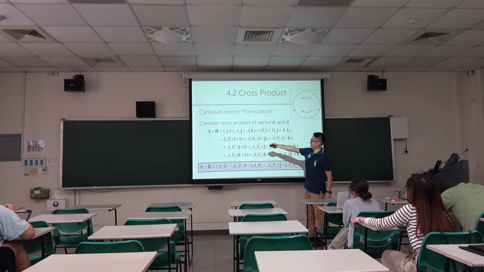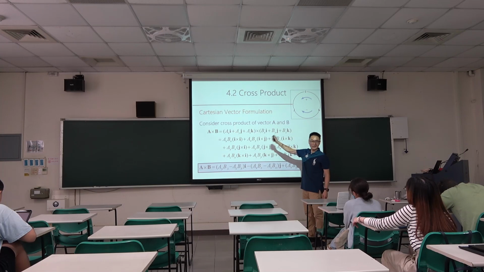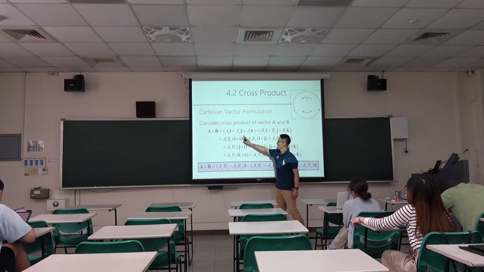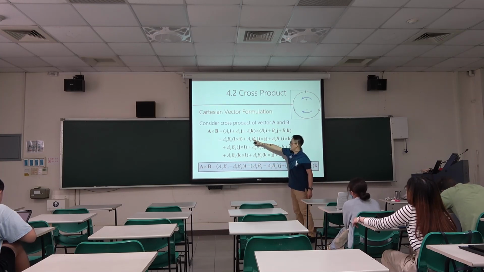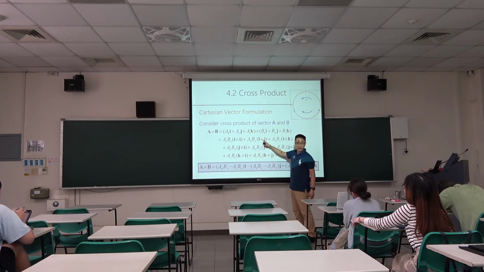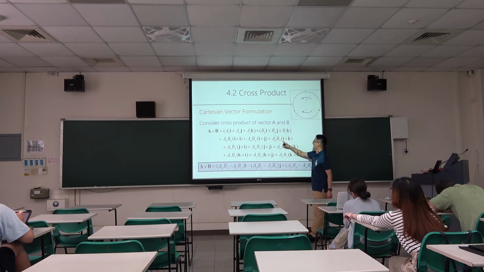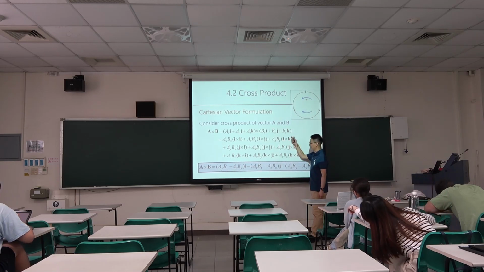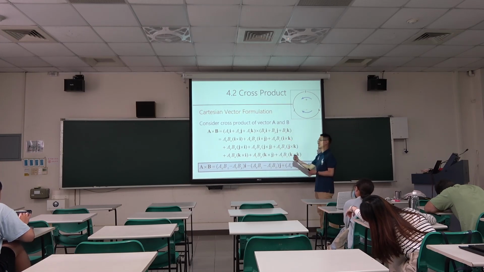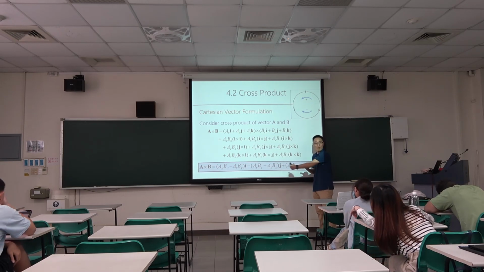And the first part, i cross i, is 0. i cross j is k. i cross k is negative j. i is this direction, k is this direction, so i cross k gives us negative y direction.